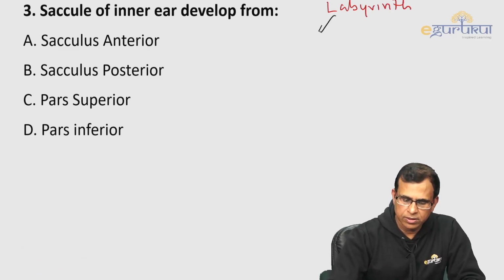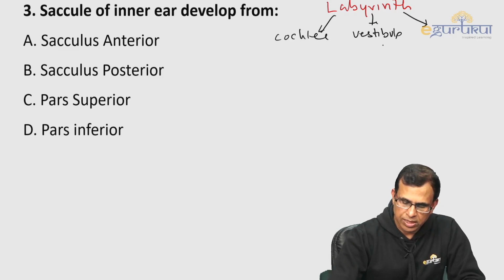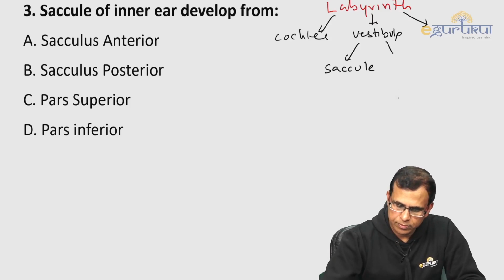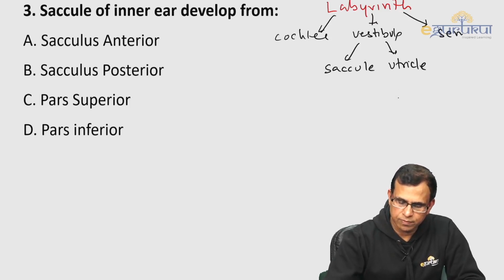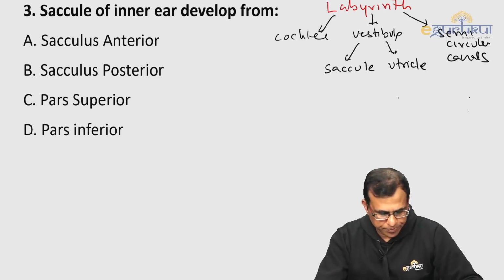The labyrinth can be divided into 3 parts: the cochlea, the vestibule, which has the saccule and utricle, and then the semicircular canals. We all know the 3 canals: superior canal, posterior canal, lateral canal.